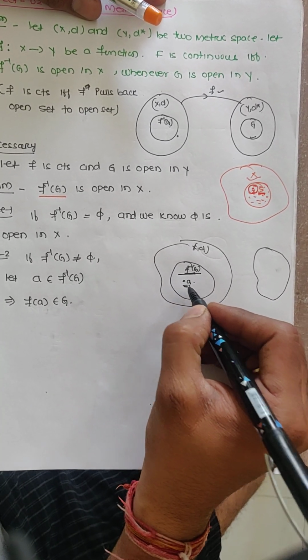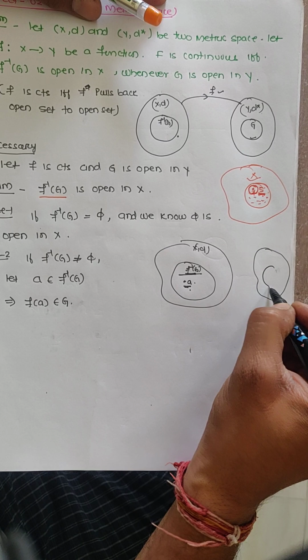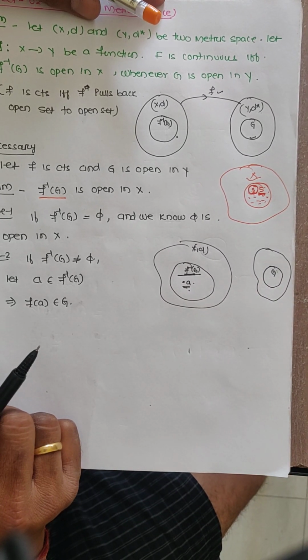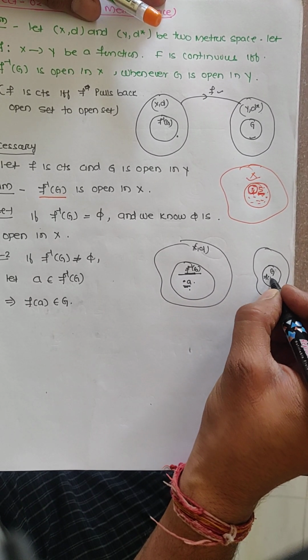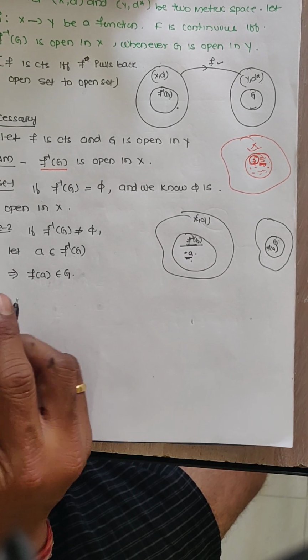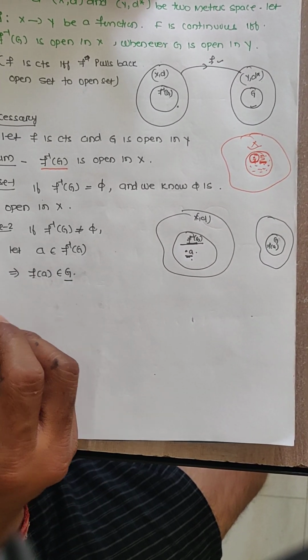If an element is in the inverse image, its mapping must fall in G. So f(a) belongs to G.